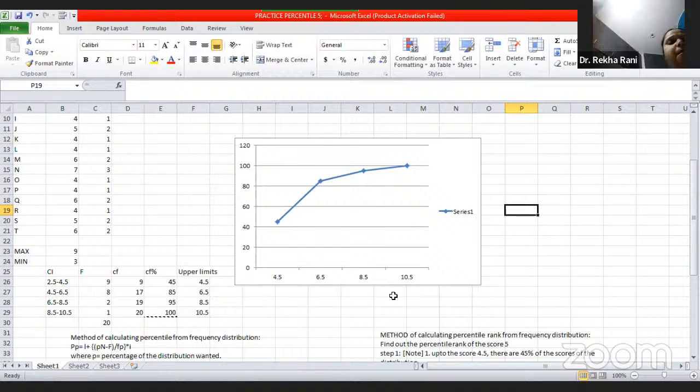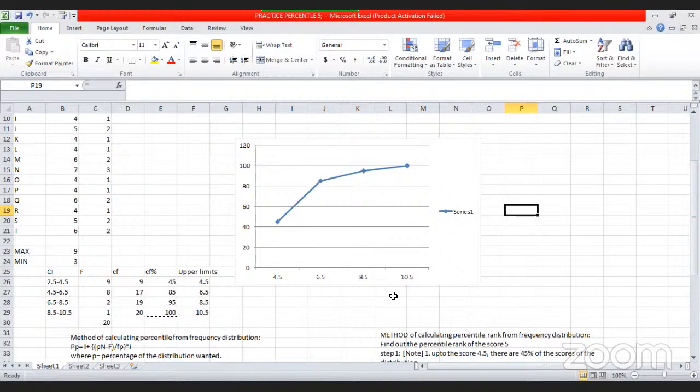Yes. Okay. Now I will show you how to calculate percentile and percentile rank from the cumulative frequency. This calculation is here from the Ogive, and the next calculation I will show you is the calculation of the percentile and percentile rank from the cumulative frequency.